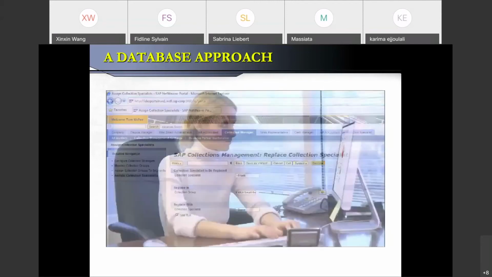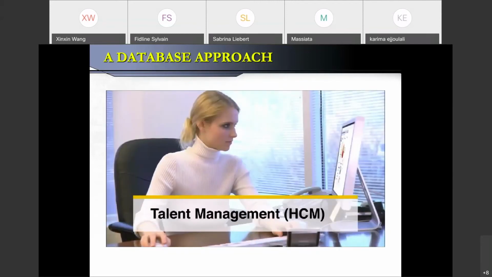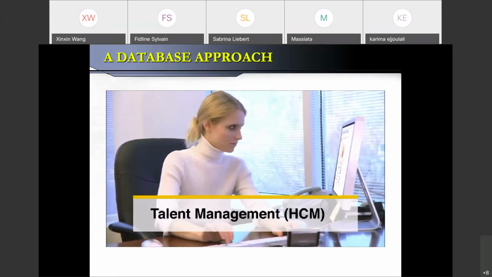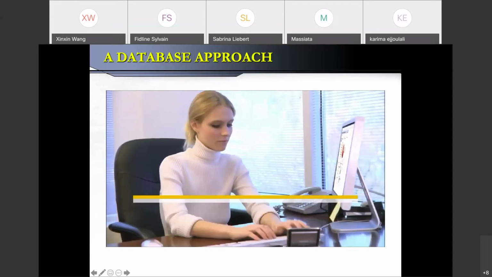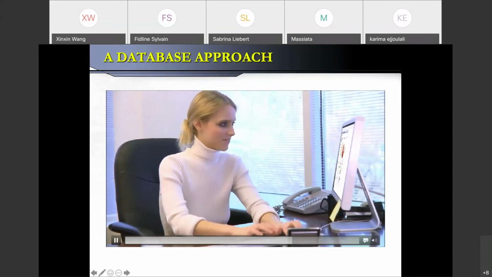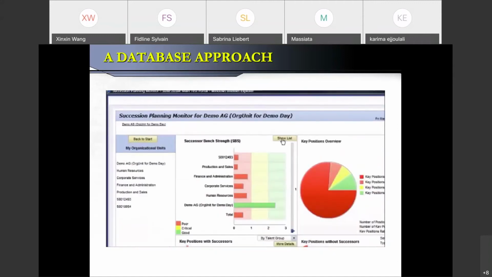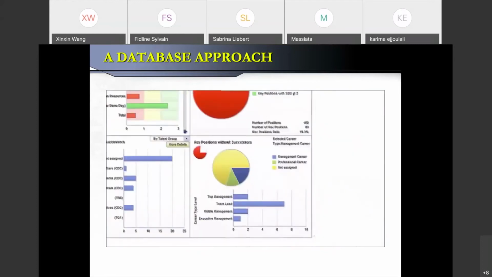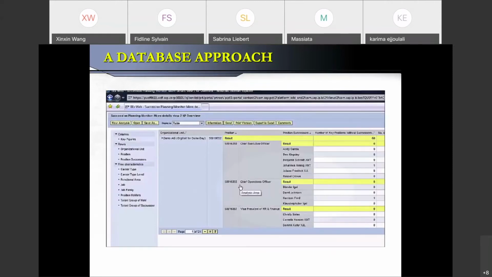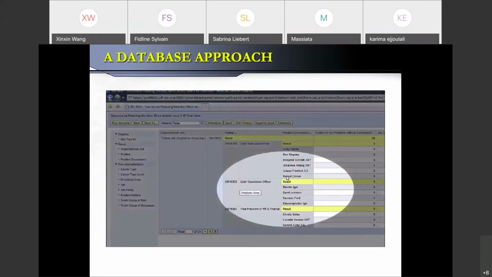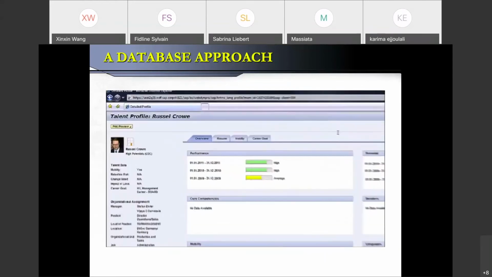A key but difficult role for human resources is overseeing succession planning, identifying which key roles don't have successors, and creating a plan to develop those successors. HR can use embedded dashboards for an overview of succession status company-wide or within any department, and get a quick overview of the positions that don't have suitable successors. Then, with a click, return to the succession planning application to understand where and how to begin strengthening the succession bench.